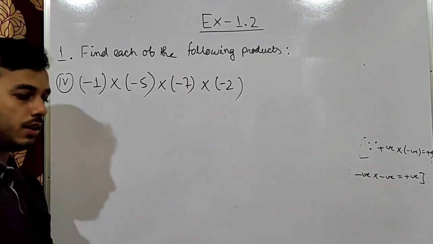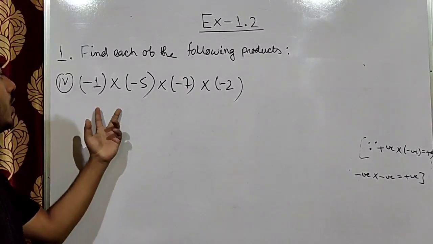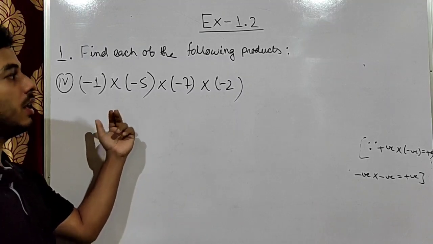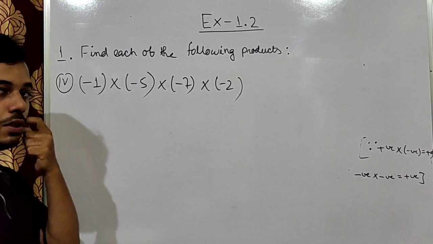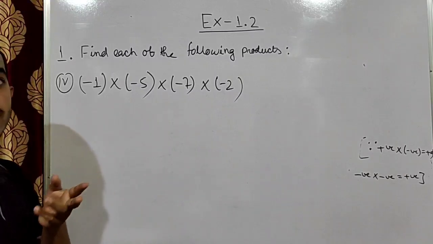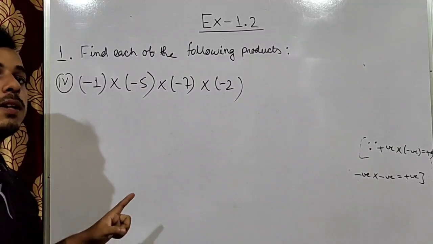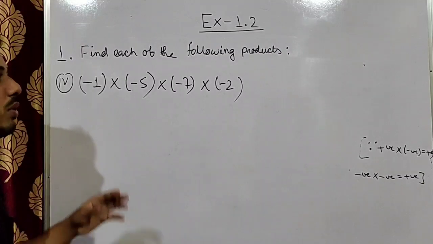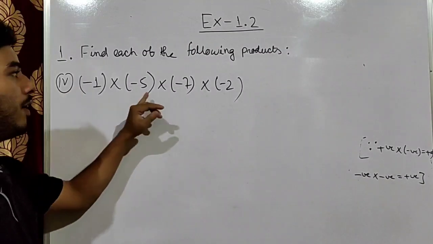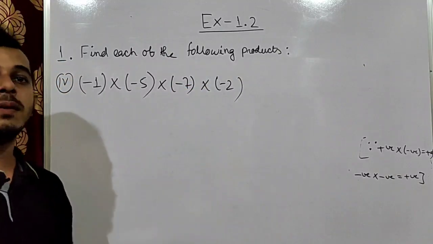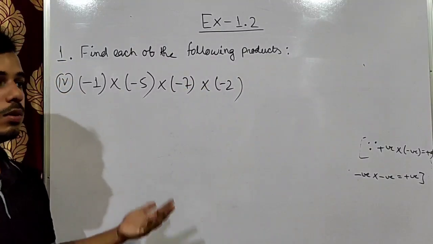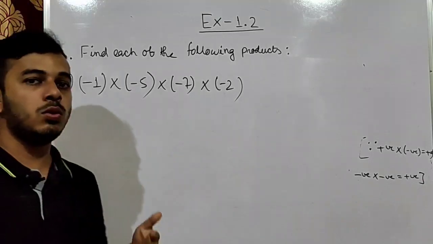So how will we multiply? First we will take 2 integers and find the result, and then in this case also we will multiply the 2 integers and find the result, and then we will multiply their results with each other. We can multiply directly. 1 into 5 is how much? 5. 5 into 7 is 35. 35 into 2 is 70. We can directly write, because you will not understand it otherwise.